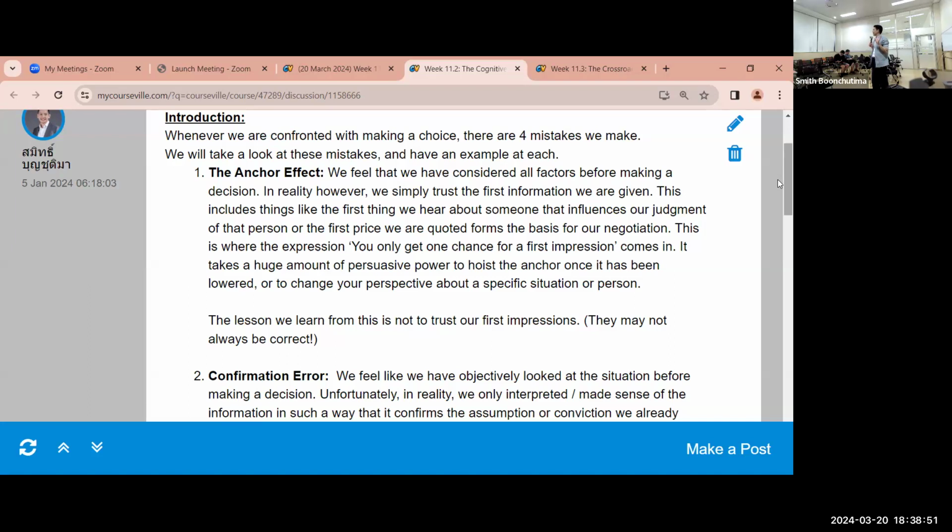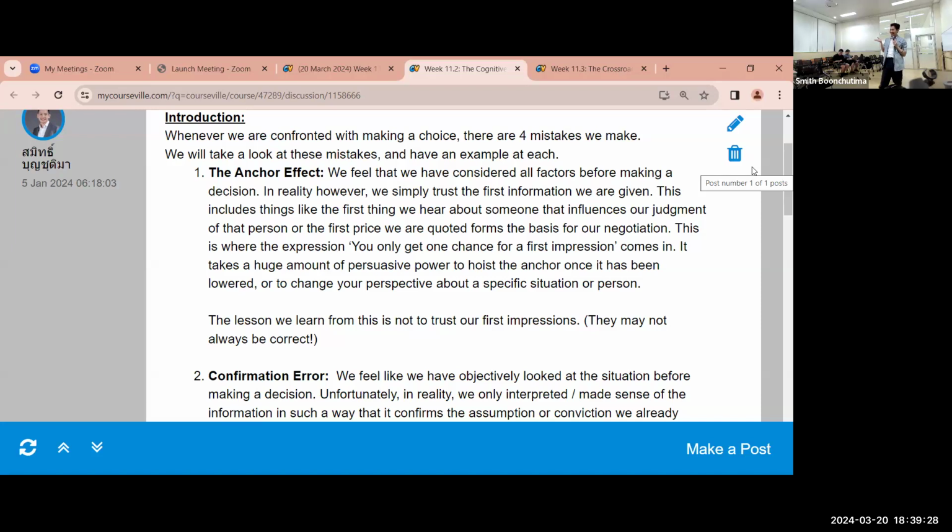This is a very metaphorical kind of word. So when you go to a shop, and the seller tells you that this piece of cloth costs 20,000 baht, a very, very high price, when you would like to bargain, it will not go very far from 20,000 baht.